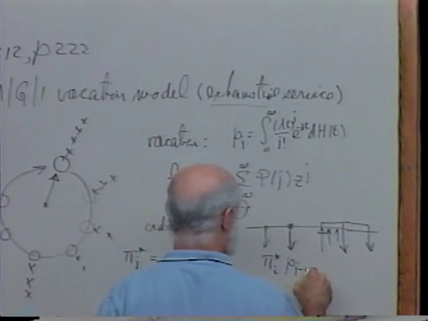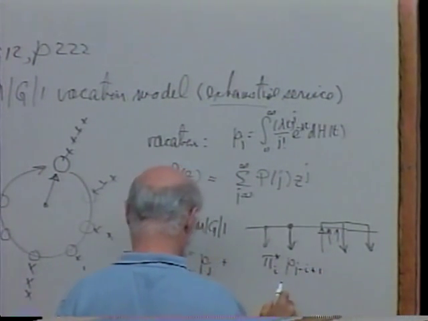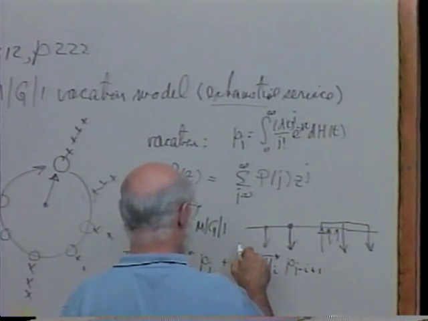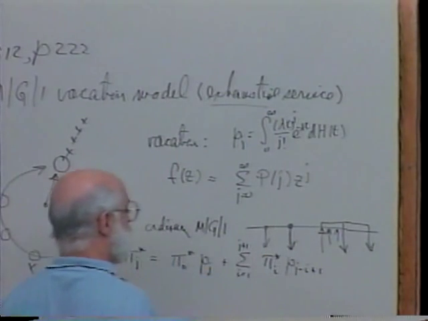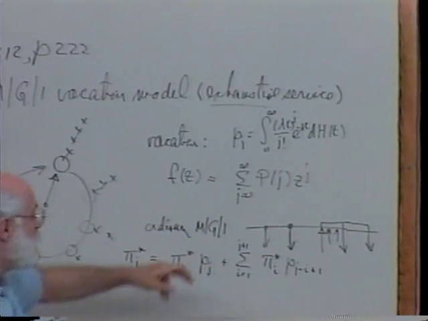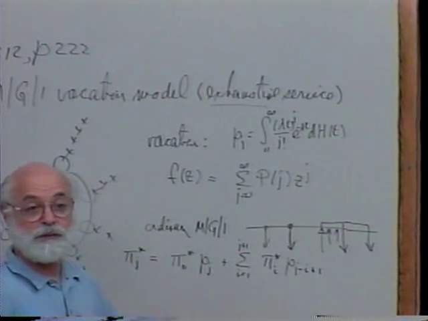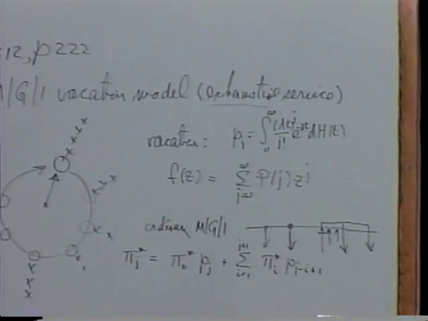And then we sum that as I runs from 1 to j plus 1, because for I greater than j plus 1, this probability is 0. Okay, so that's what we did for ordinary M/G/1.